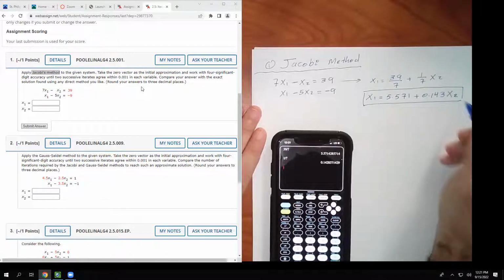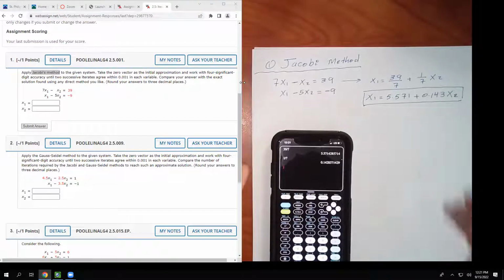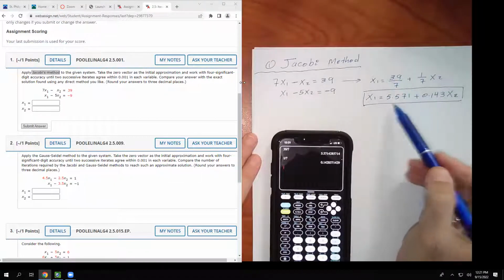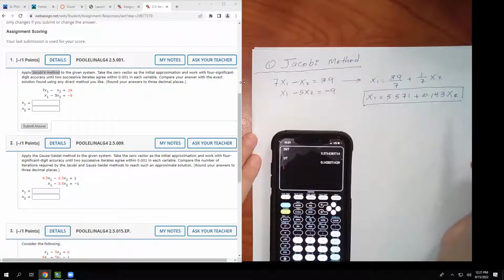I'm just converting the fraction to a decimal number, so when I plug in x2, it's going to be easier to find.